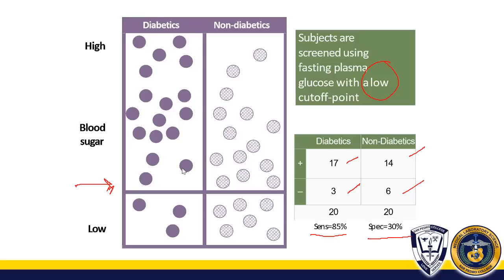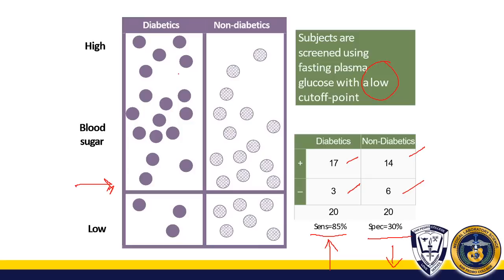Now, what does this mean? When you set a low cutoff point, there will be a high sensitivity and a low specificity.